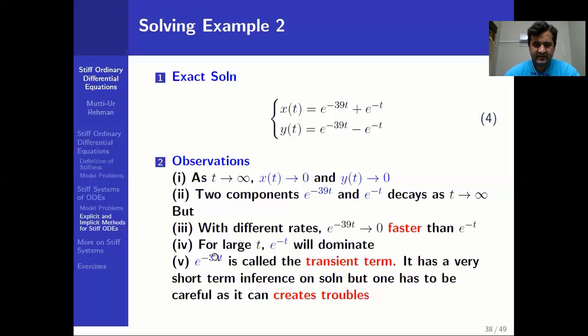We call this guy a transient term because now there is only one lion in the jungle, which is basically, let's say, e to the negative t. Okay, because although this guy is there, the point is it has a very short-term influence on the solution. But the point is, you cannot neglect it. It doesn't mean that only the lion can live in the jungle.